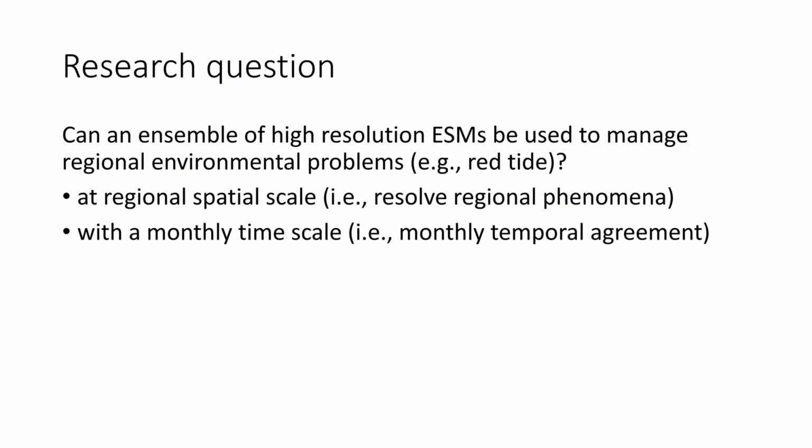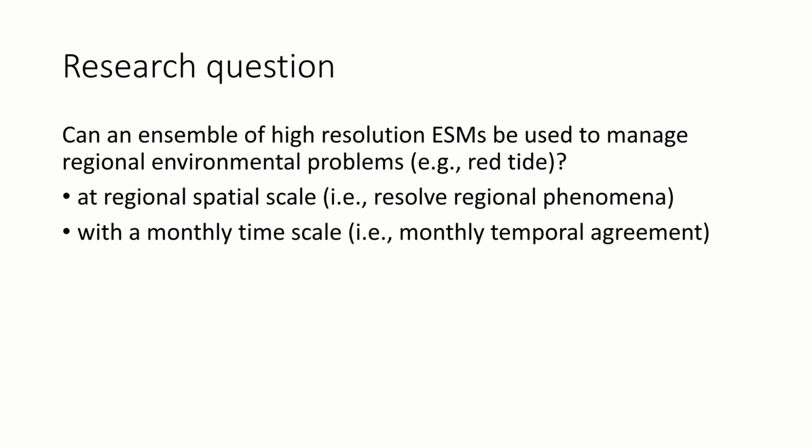But even if it does, what if we are interested, for example, in a monthly time scale? So what about temporal agreement? Because these experiments run for a very long time. The historical experiments of CMIP 6 run from 1850 to 2015.